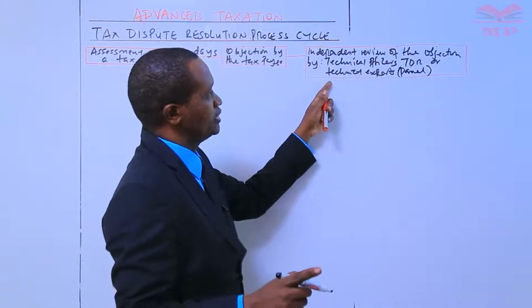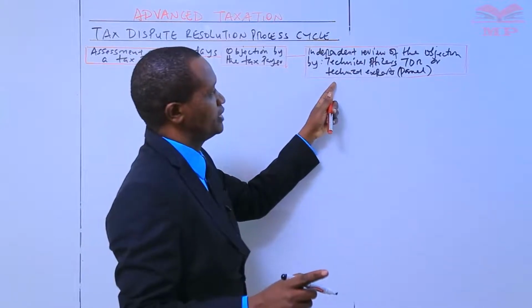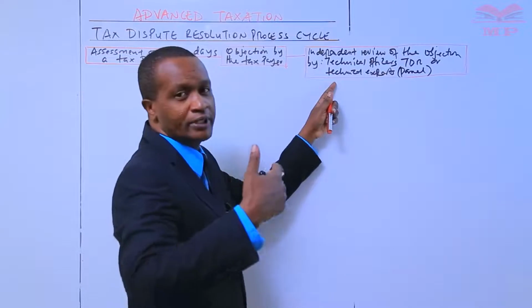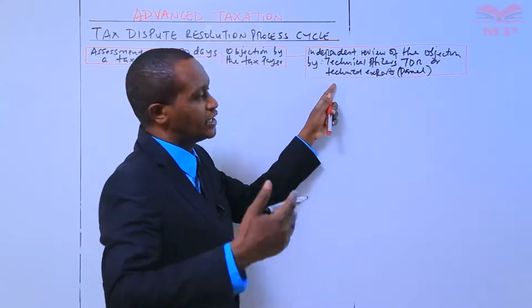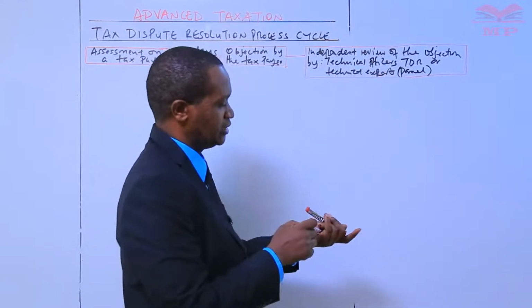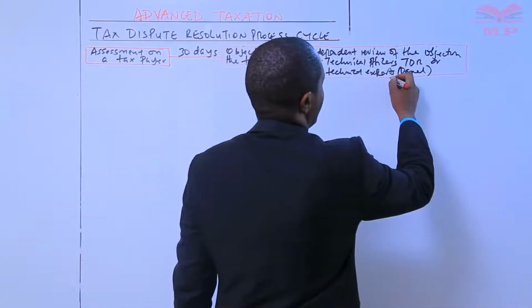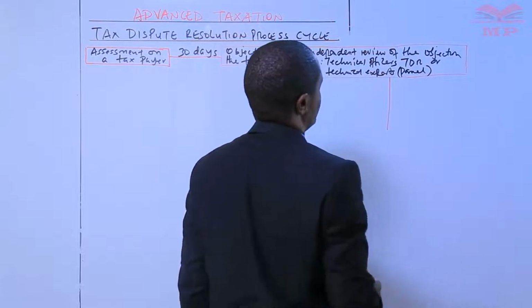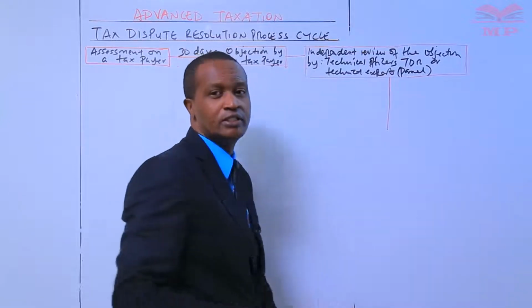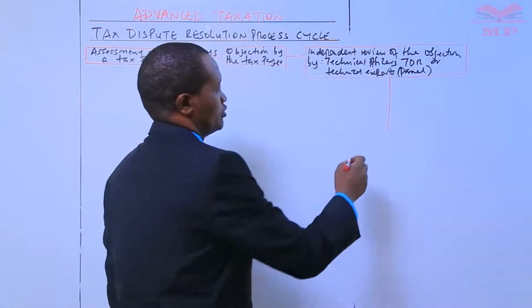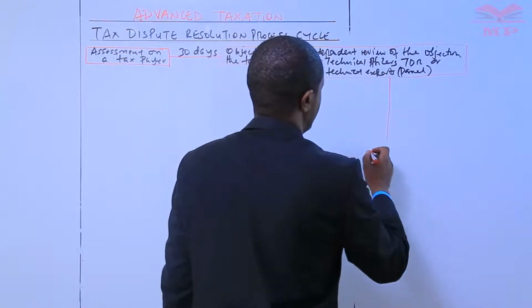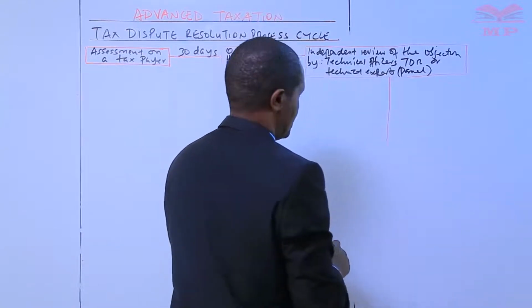Now, this independent review should end up into what we call an objection decision. They are expected to make a decision. They are expected to do what? To make a decision.